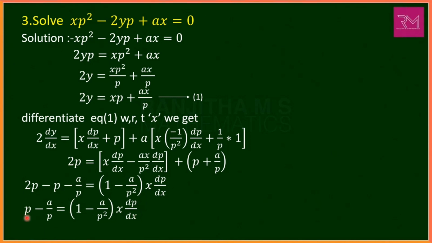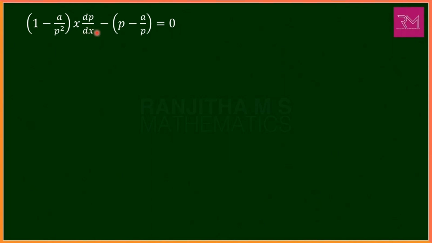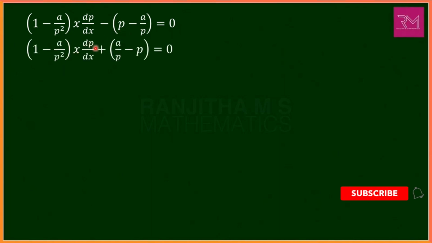Next step, take this value to the right hand side, we get 1 minus a by p squared into x into dp by dx minus of p minus a by p, which is equal to 0. Multiplying the minus sign inside the bracket, we get 1 minus a by p squared into x into dp by dx plus a by p minus p, which is equal to 0. Now we can take minus p common.